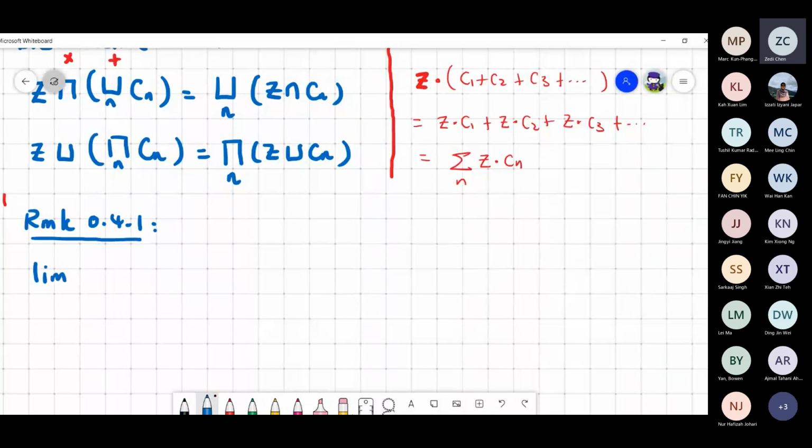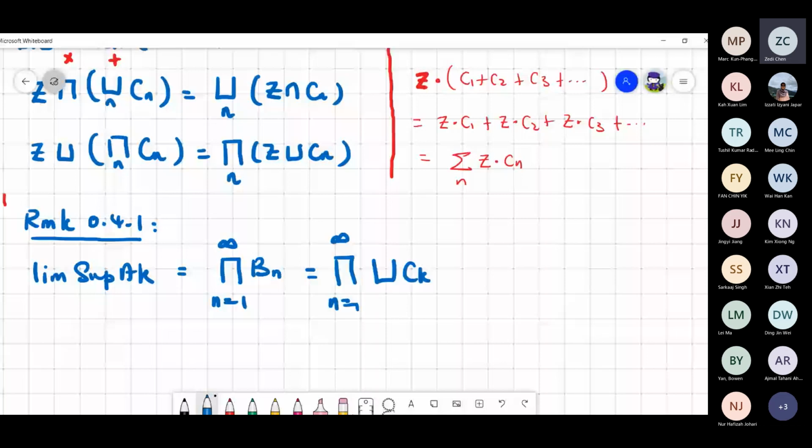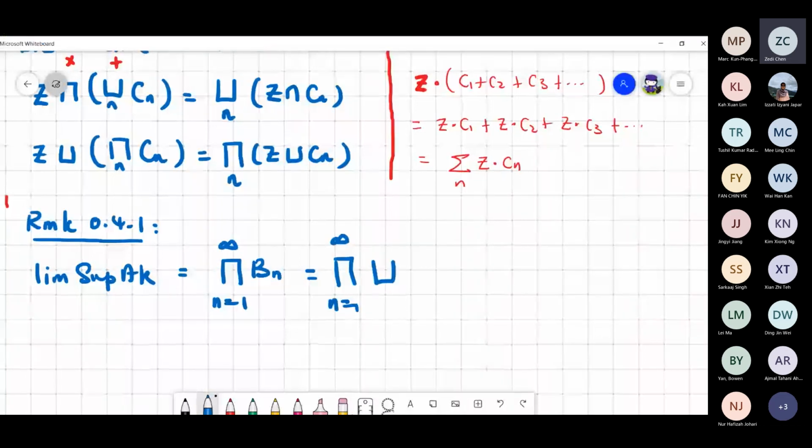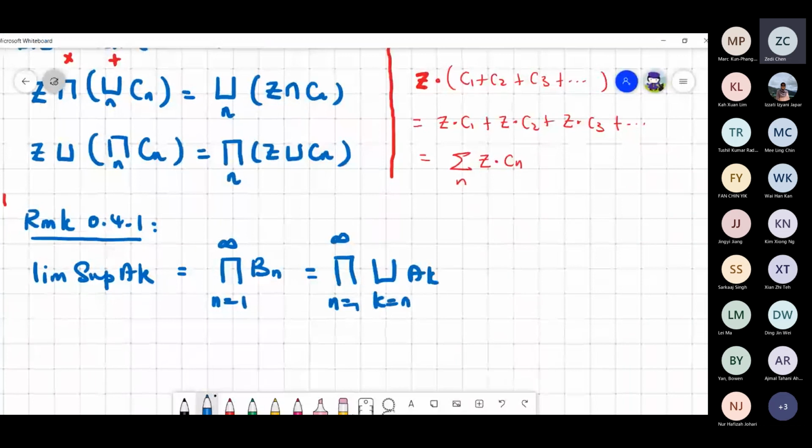The limit supremum of A_k, according to the definition, is just equal to the intersection over n from 1 to infinity of B_n. And what is B_n? B_n is the union of A_k, with k running from n to infinity.